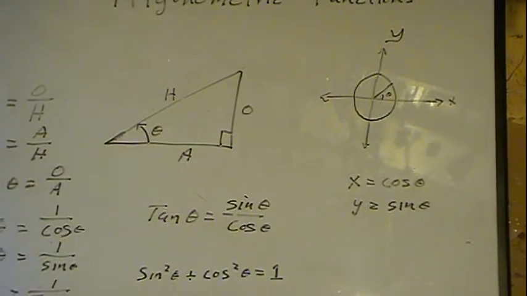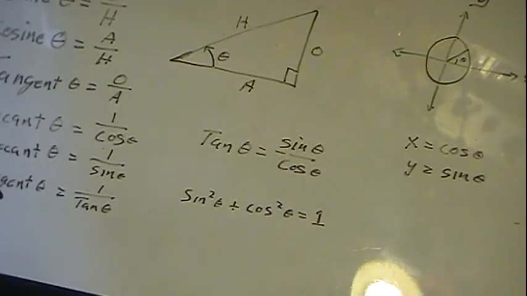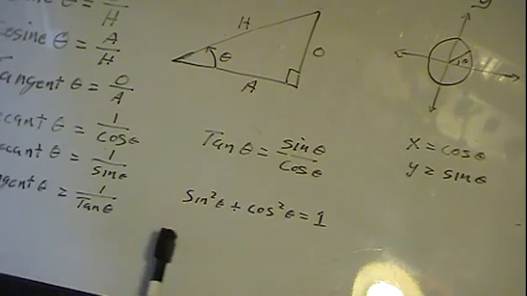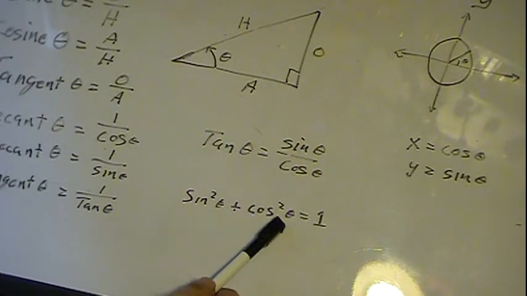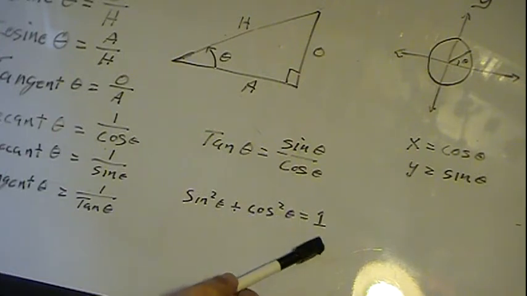That brings us to a second identity, and that is sine squared theta plus cosine squared theta equals 1.